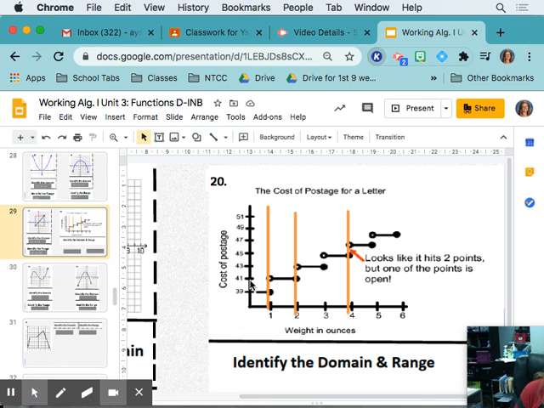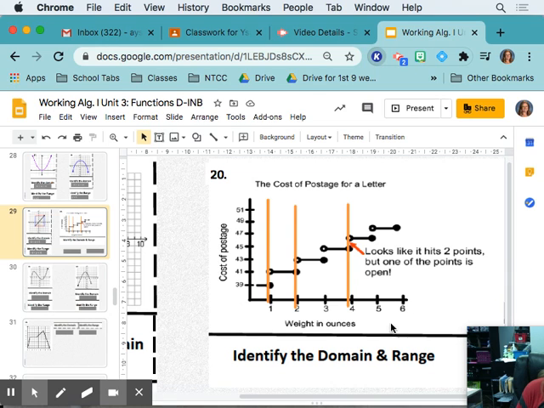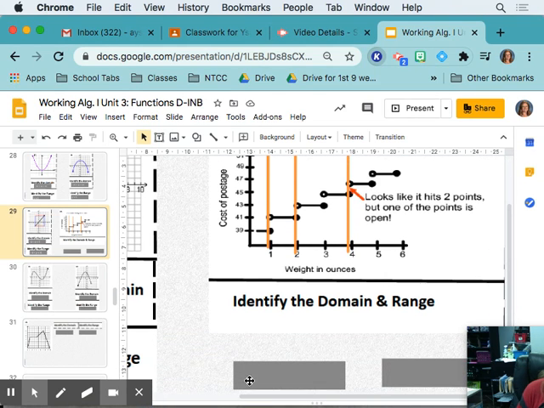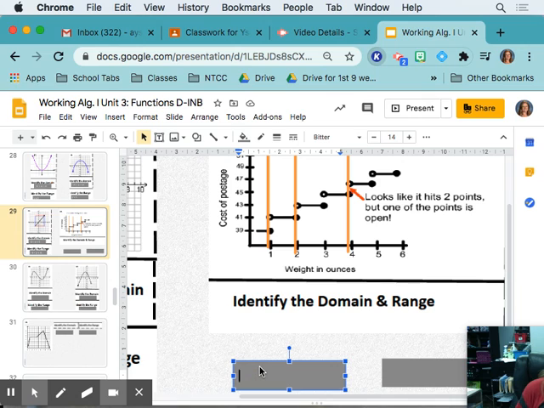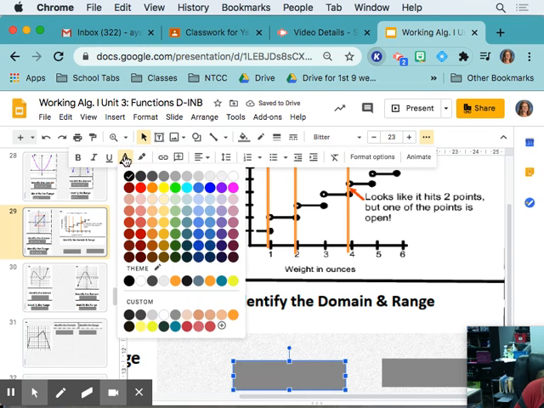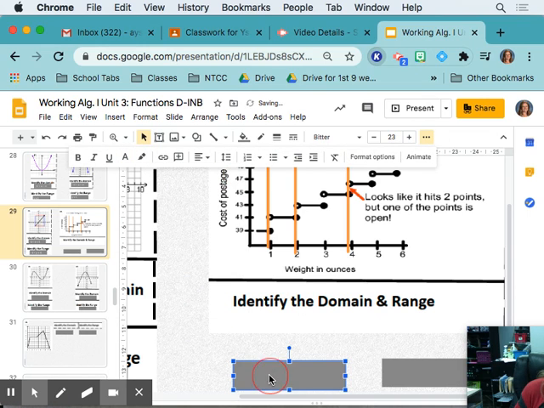It'd have to be more than 0, right? So 0 is our smallest number that the weight can be, and it can't actually be equal to 0, so it'd just be a less than symbol.